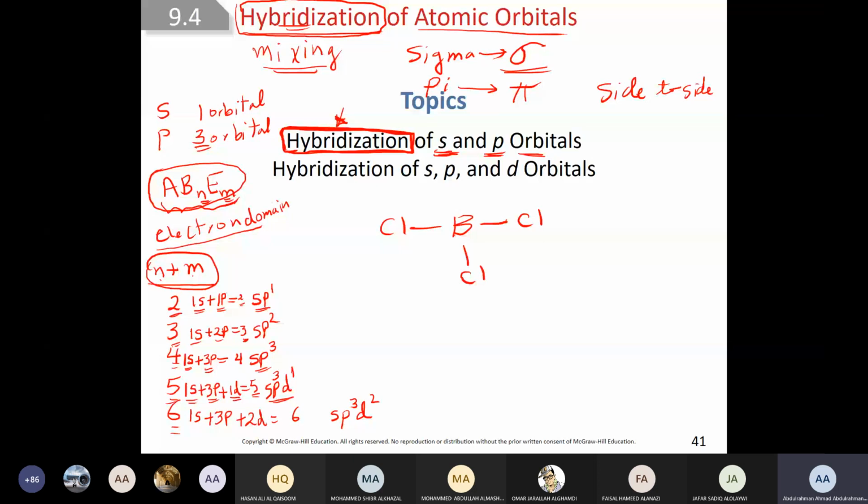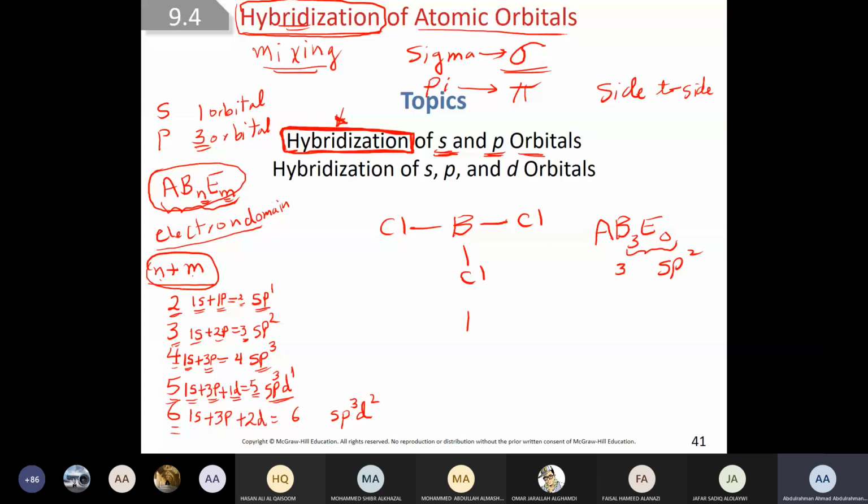What's the electron domain? AB3 E0. What's the total? This one plus this one, 3. Then what hybridization are we going to have? sp2, as simple as that.